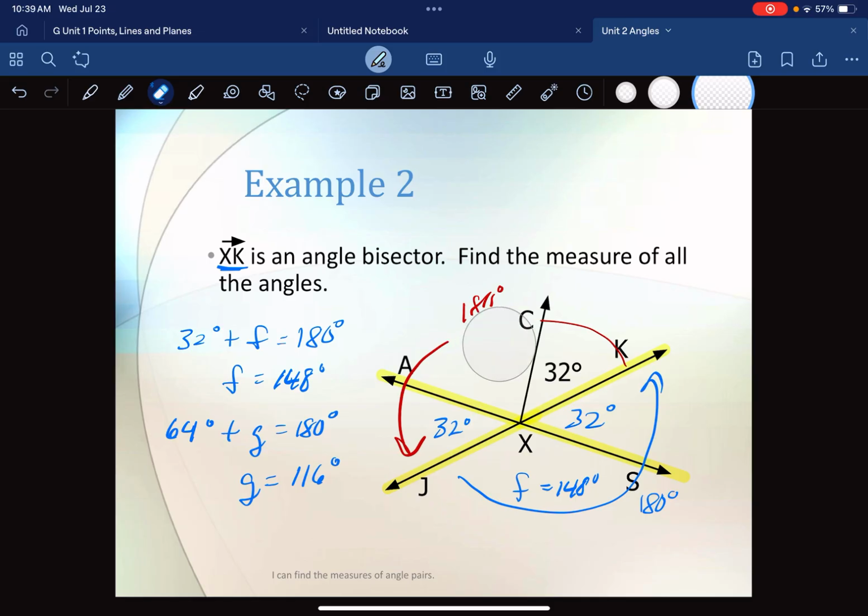And so this angle is 116 degrees. And that's all the angles in the drawing. So I used angle bisector, 2 equal angles, vertical angles, also equal angles, and then I used linear pairs, add to 180 to get the other 2 angles.